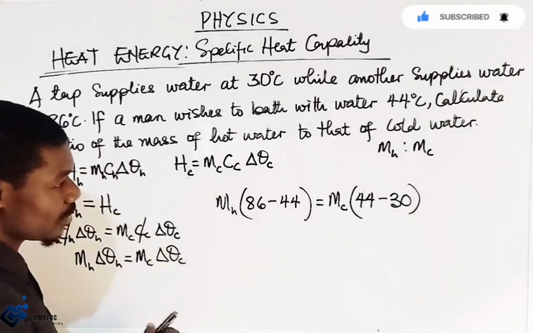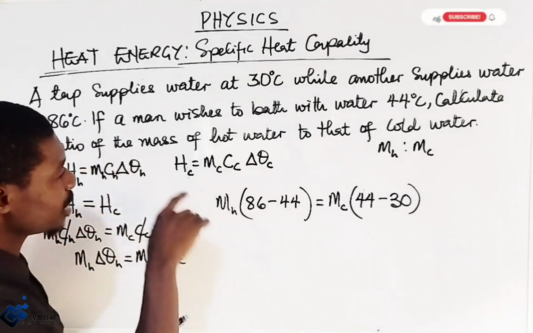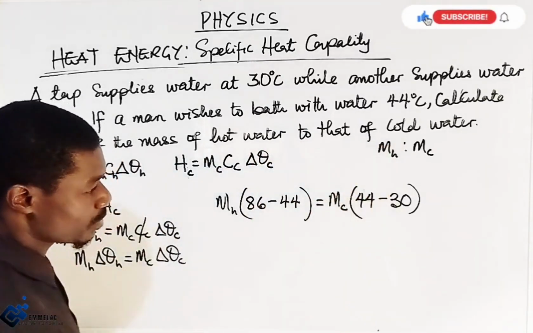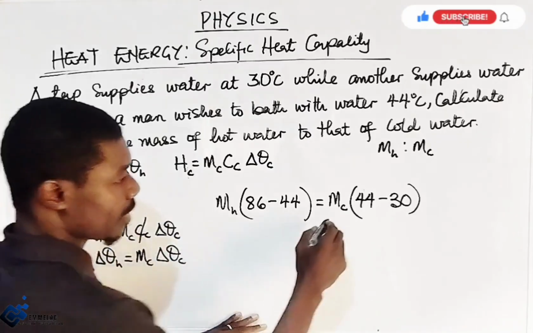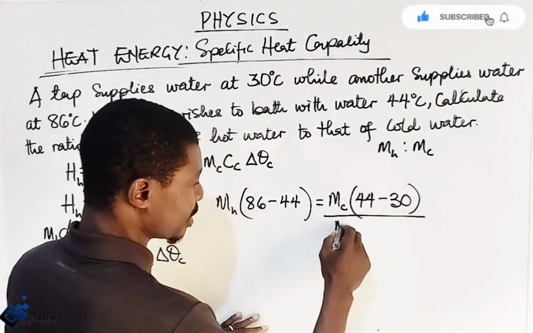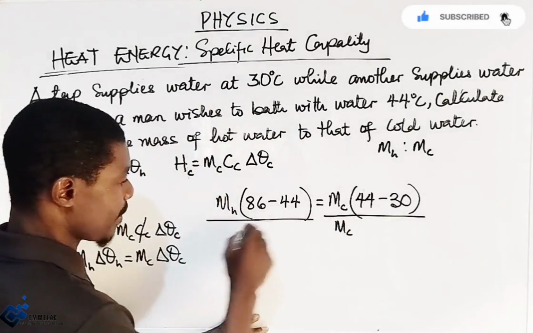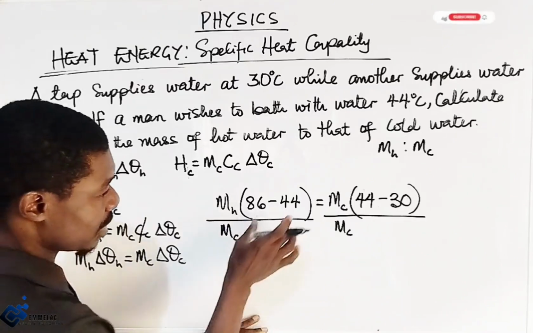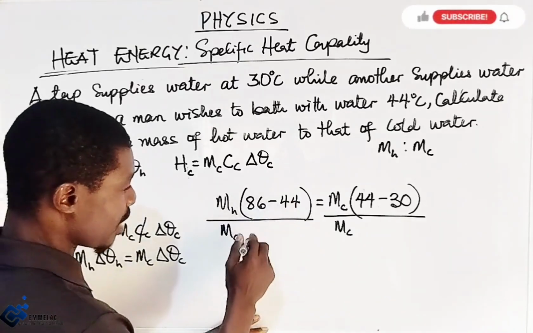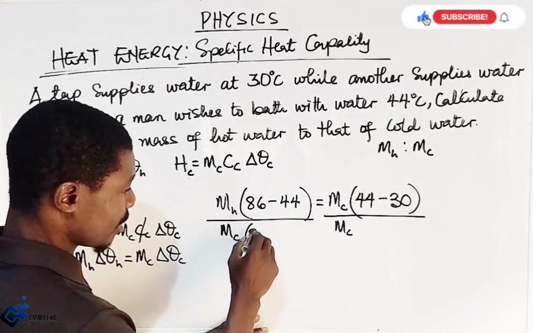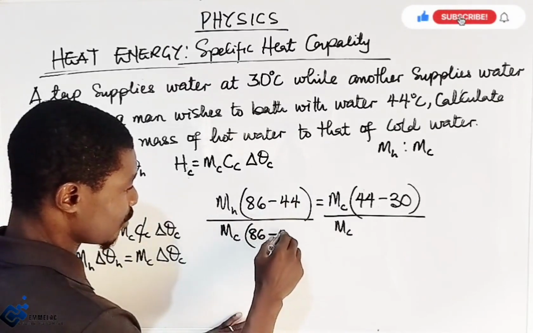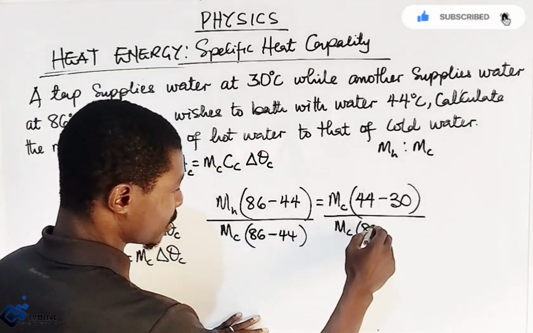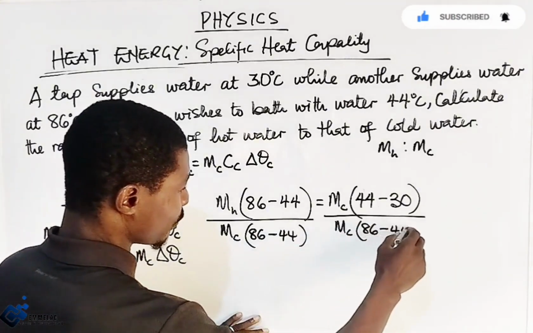So what we now need to do, since it is the ratio of the hot water to the cold water, is divide this by MC, and here we divide this by 86 minus 44, then here we have 86 minus 44.